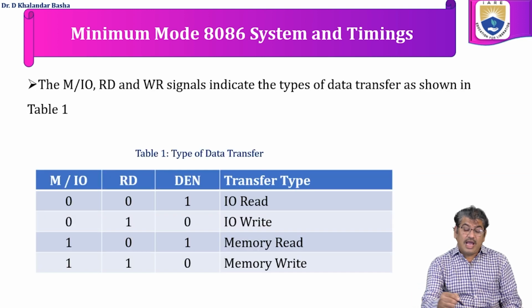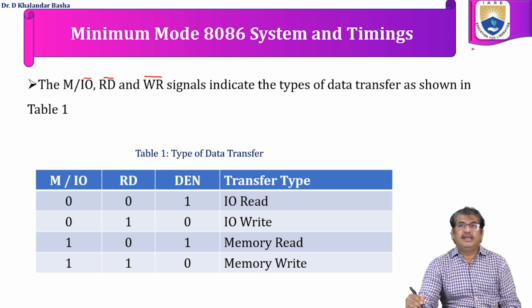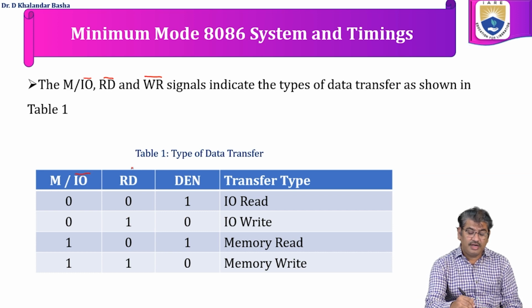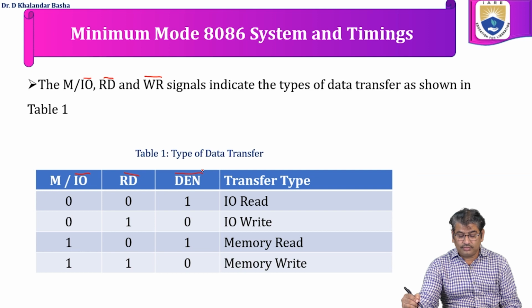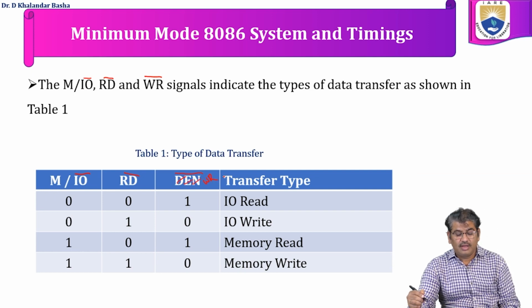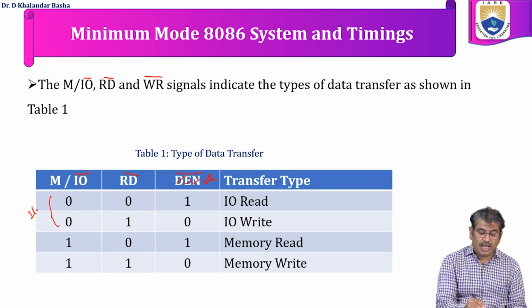The M/IO bar, read bar and write bar signals indicate the type of data transfer, as shown in the figure, table 1. Table 1 describes the type of data transfer. Whenever M/IO bar is 0, it corresponds to an IO operation.